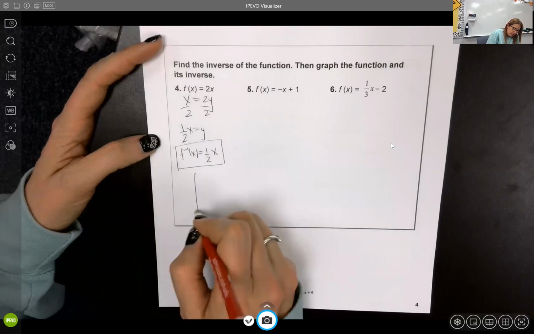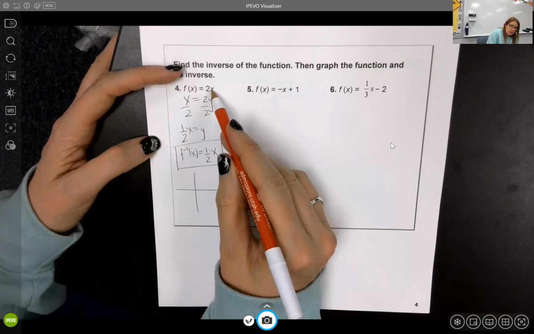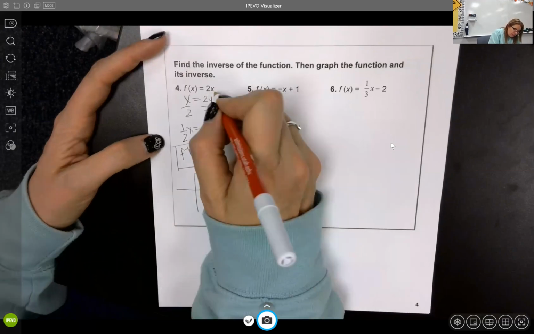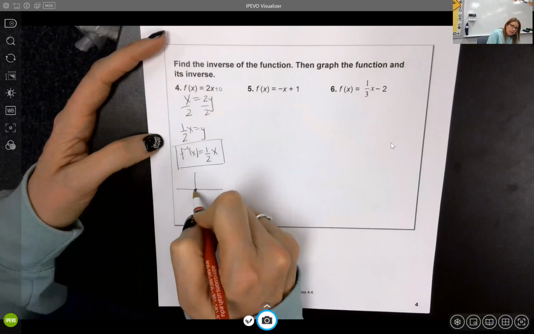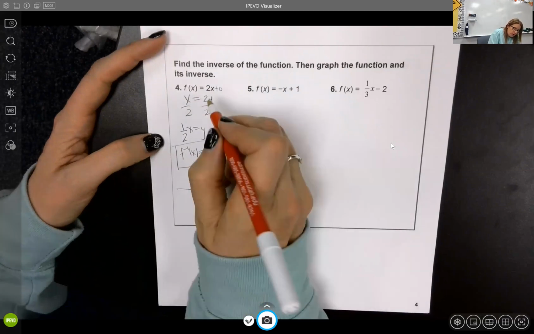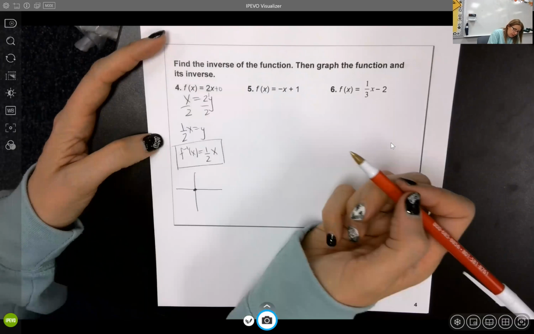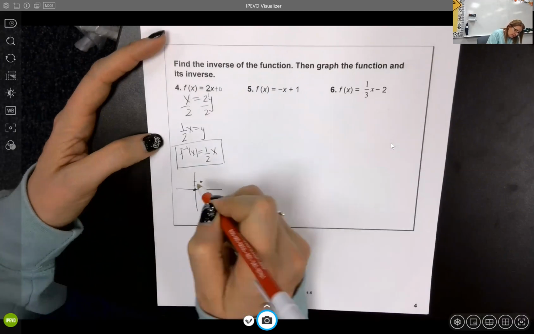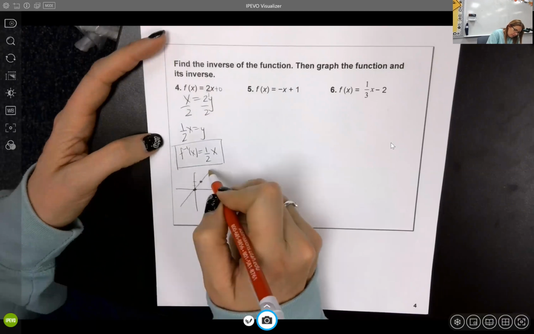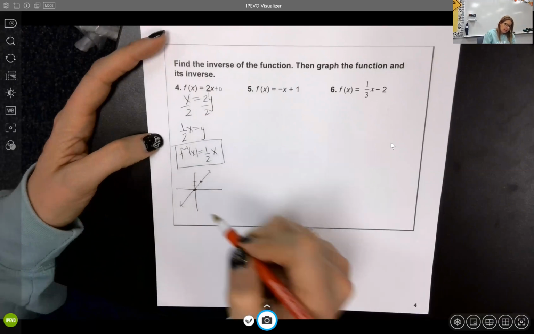Okay, so to graph the original function 2x, this has a y-intercept of 0. So I'm going to go to 0 and put a dot, and then we're going to do our slope, up 2 over 1. So rise 2 over 1. And once we have that point, that's all we need. Okay, like this.